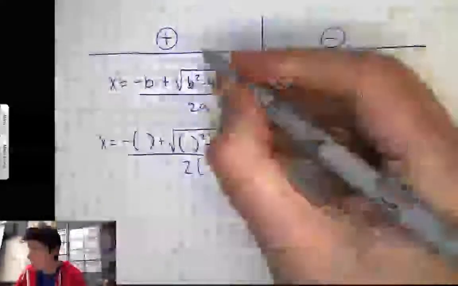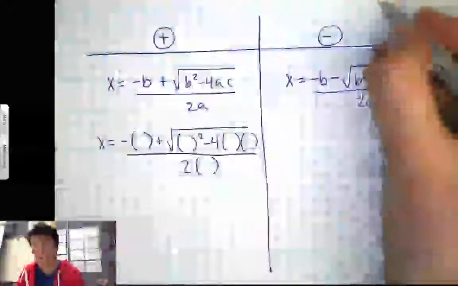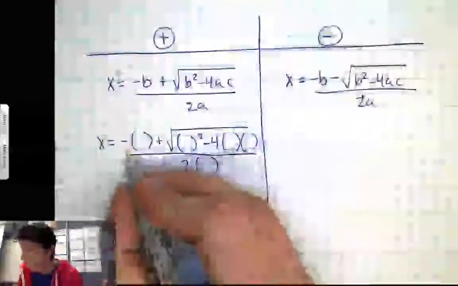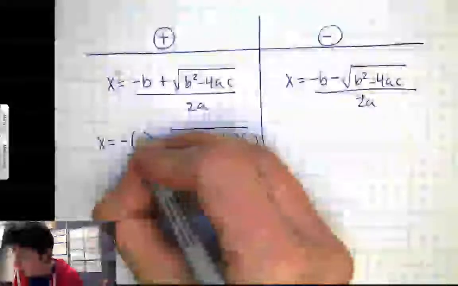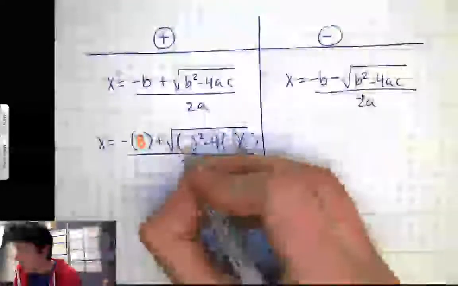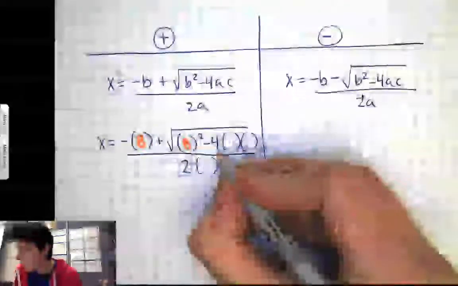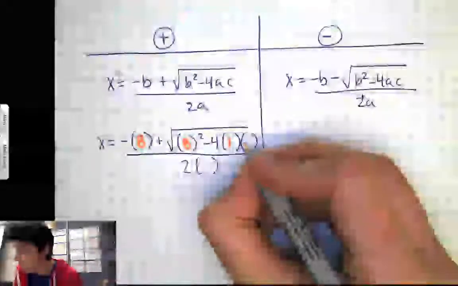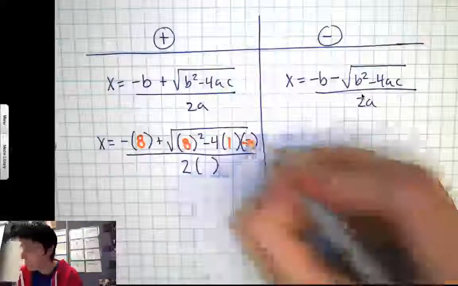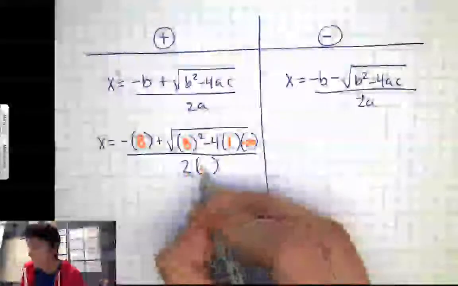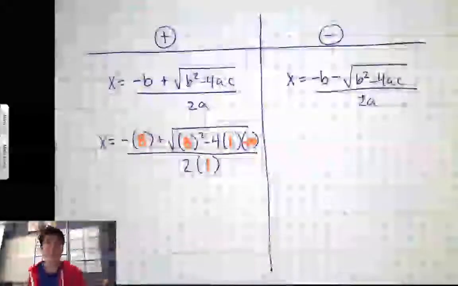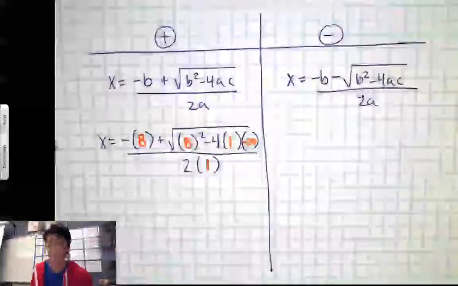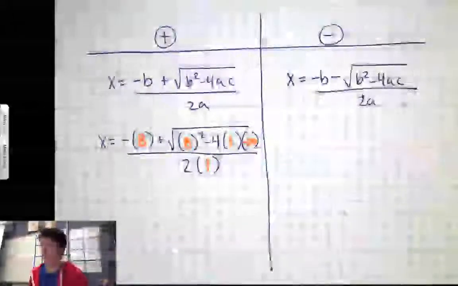A in this case was 1, b was 8, and c was negative 20. So if it's negative b, it's going to be negative 8, plus b squared, so 8 squared, minus 4a, so 4 times 1, times c, which is negative 20. All over 2 times a, so 2 times 1. Perfect. Everything's substituted in.